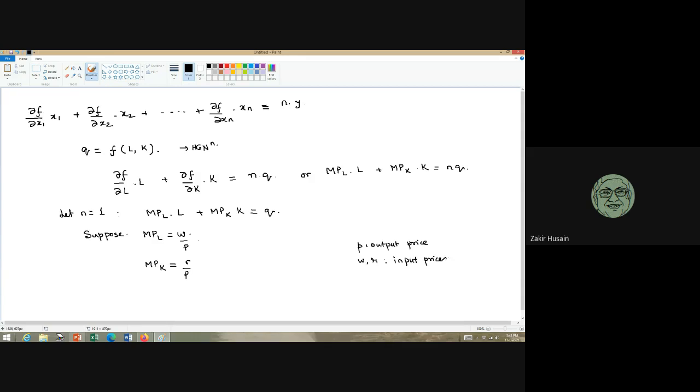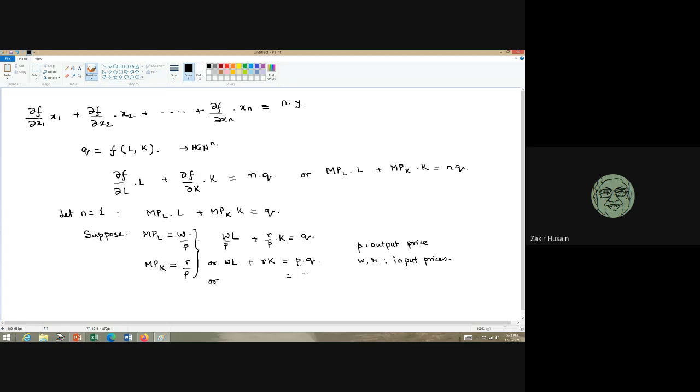W is wage for labor, R is for capital. So if you substitute this over here, what do you get? W by P into L plus R by P into K is equal to Q. So this is WL plus RK, and this is price into quantity.